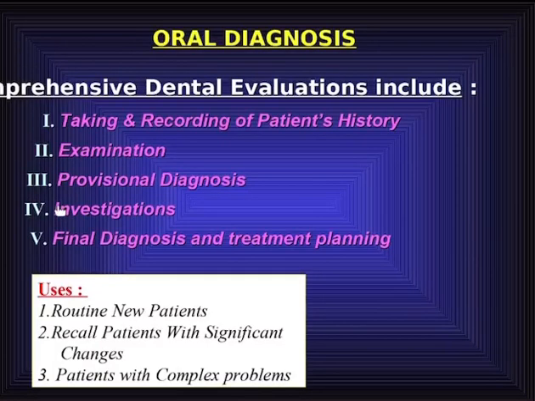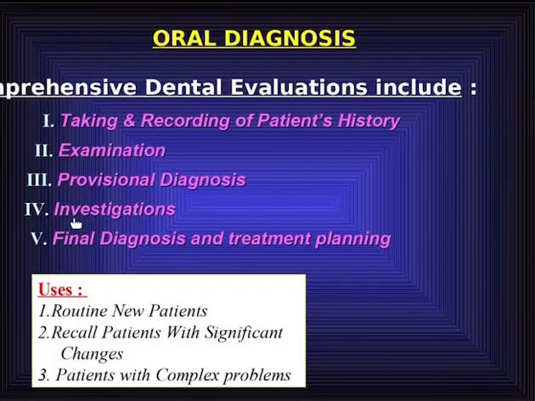After the provisional diagnosis, you go for some sort of investigation, maybe x-rays, maybe blood investigations, or maybe a biopsy. Once you have the investigation reports, you go for the final diagnosis and treatment planning. So there are 5 steps: taking and recording patient history, examination, provisional diagnosis, investigations, final diagnosis, and treatment planning.